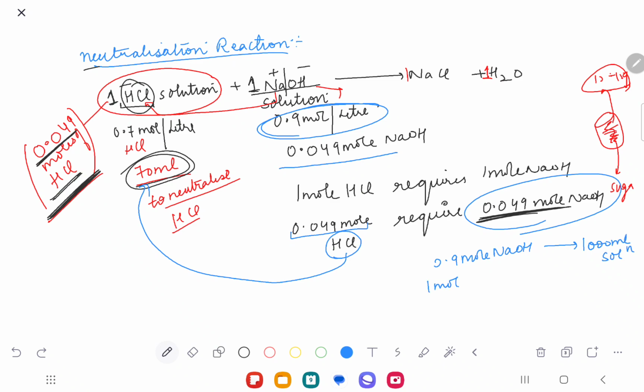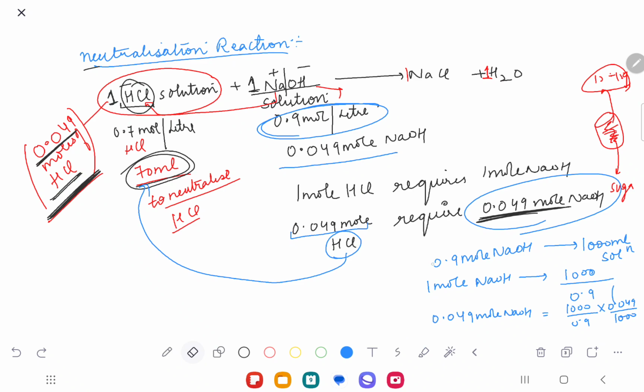So 1 mole NaOH shall be present in 1000 over 0.9. So 0.049 moles of NaOH shall be present in what? 1000 over 0.9 into 0.049. Are you understanding? So you remove the decimals?